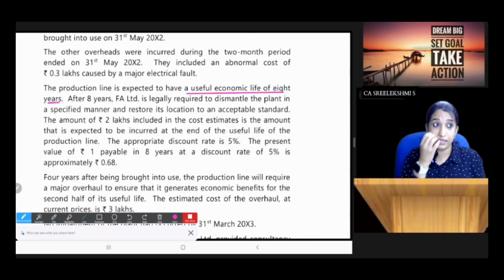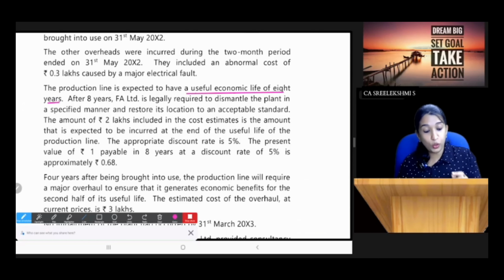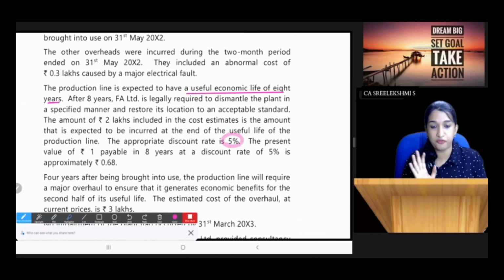FA Limited is legally required to dismantle the plant in a specified manner and restore its location to an acceptable standard. Restoration expenses they are talking about. The amount of 2 lakhs included in the cost estimate is the amount that is expected to be incurred at the end of the useful life of the production line. The appropriate discounting factor, yeah, this is what we need, 5%.